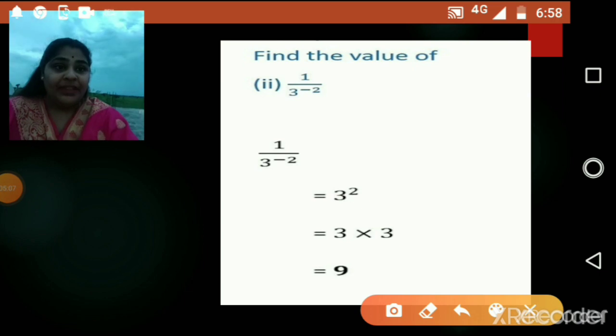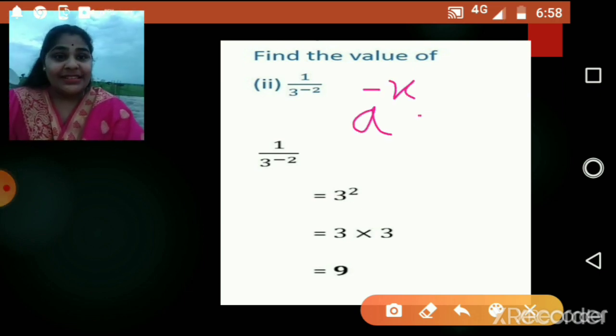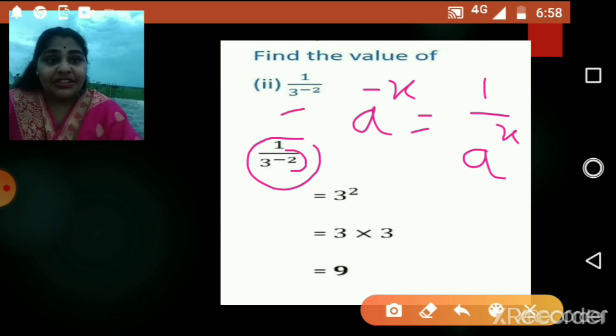Our law is a raised to minus x is equal to 1 upon a raised to x, right? So here we have it in the form of 1 upon a raised to x. Now a value is 3 and x value is negative 2.